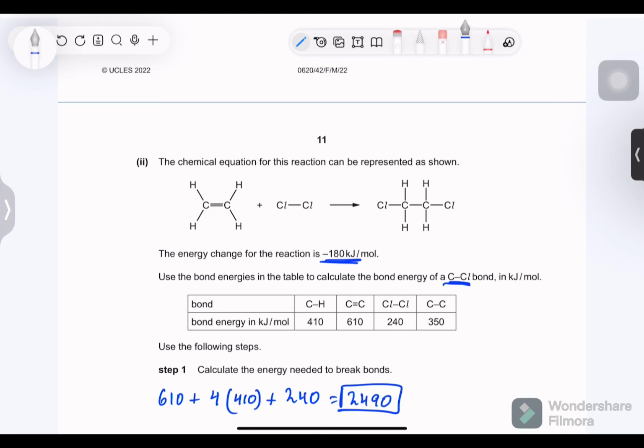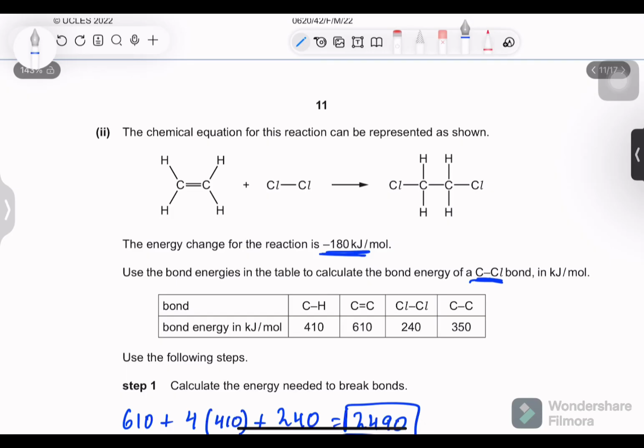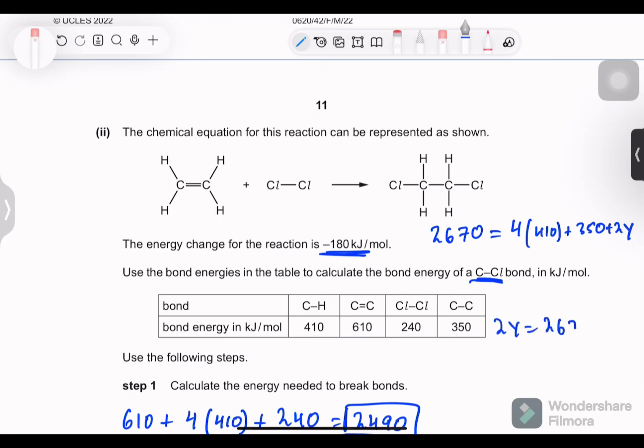So the total, 2670, will be equal to the 410s, sorry for the confusion, plus the carbon-carbon single bond, which is 350, and plus 2Y, which is now the carbon chlorine bond again. So 2Y will be 2670 minus 1990 if we solve it, and divide it by 2.